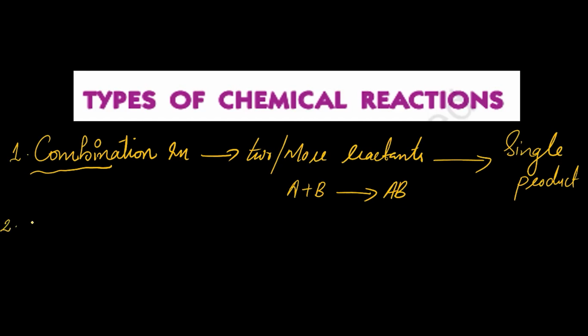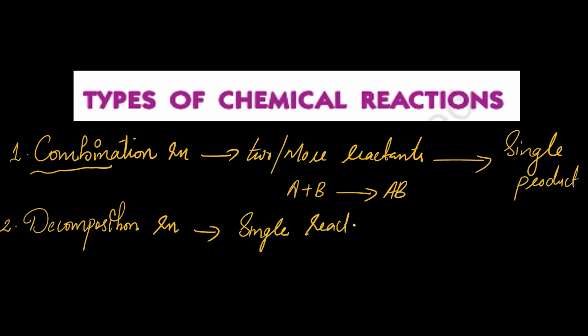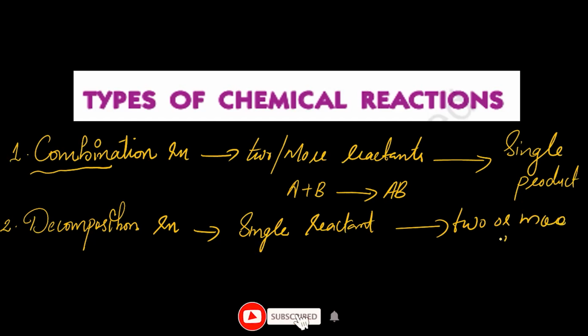The second one is just the opposite of combination reaction, that is decomposition reaction. So what will be decomposition reaction? Here there will be a single reactant. That single reactant is undergoing breakdown and we will be getting 2 or more products.